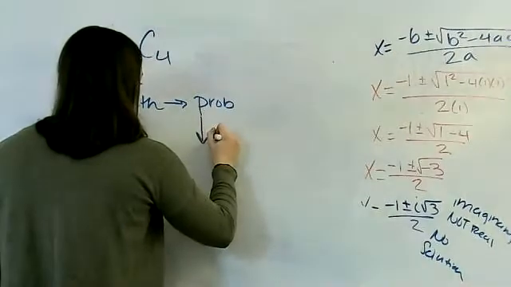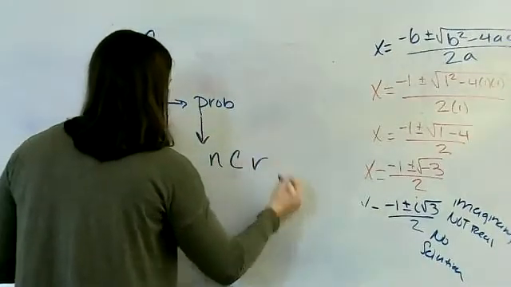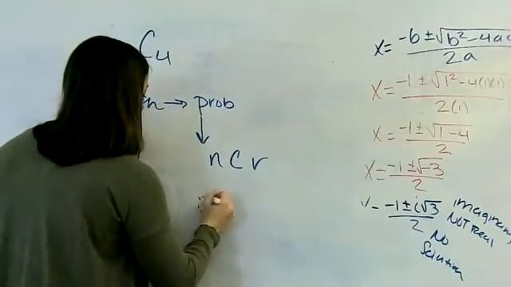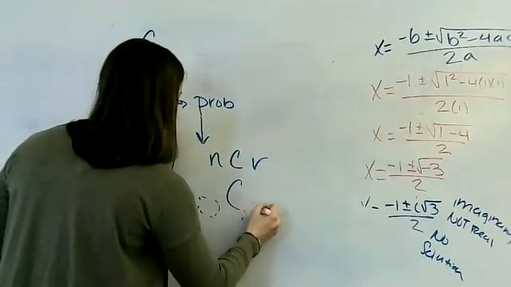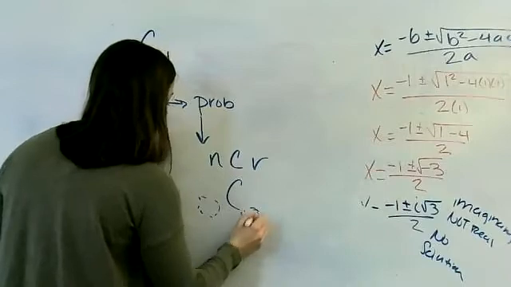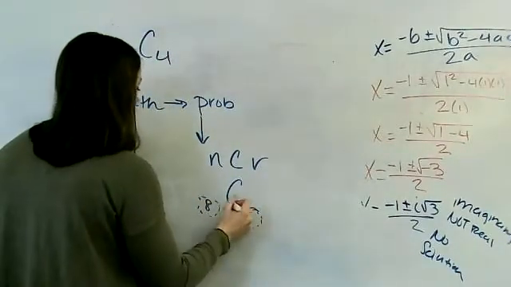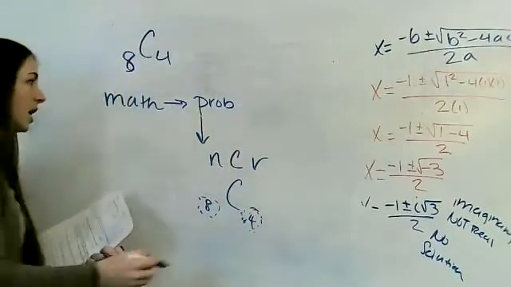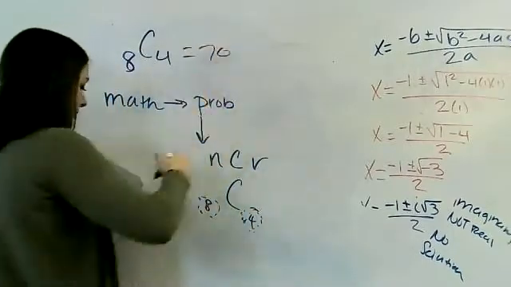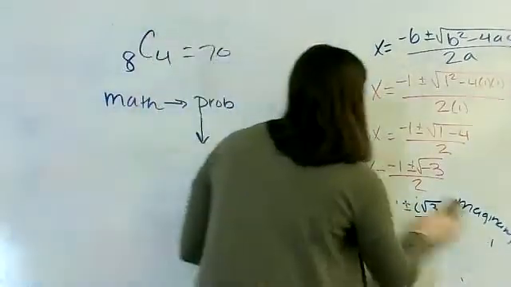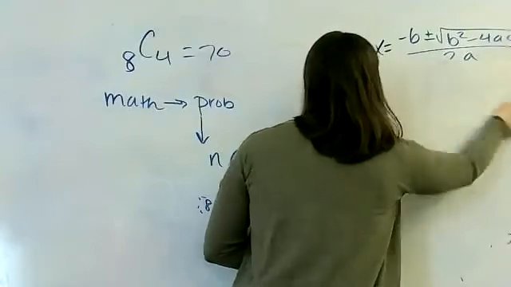From there, you go down to where you see nCr. You hit enter on it. You'll come up into a little box and then C and then a little box. You use your arrow keys to put your 8 and then your 4 in, hit enter, and you should be getting 70.